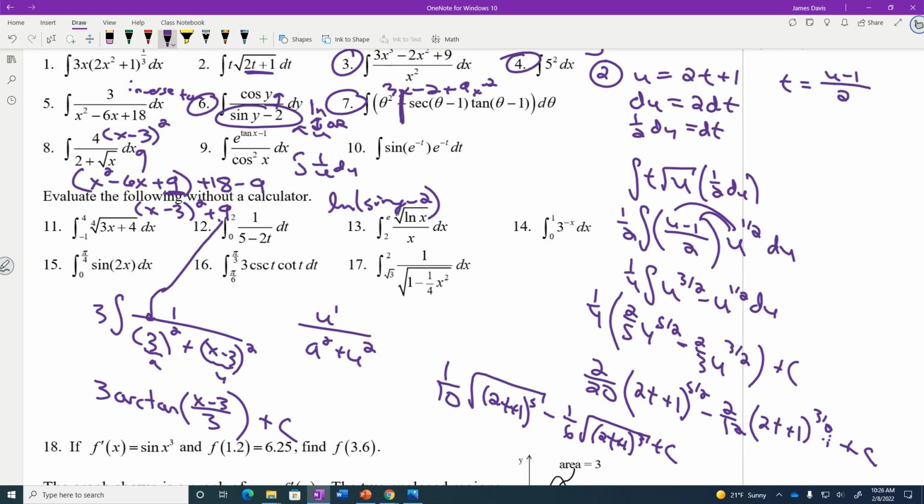Derivative of what is secant? Yeah, secant, right. So if you choose this to be your u, you'll then just have secant u tan u plus secant u tan u. And then so that's just secant. So you want u to be theta minus 1. And just treat that theta squared separately.